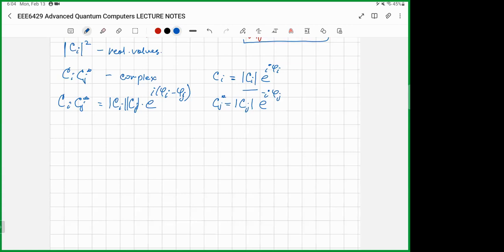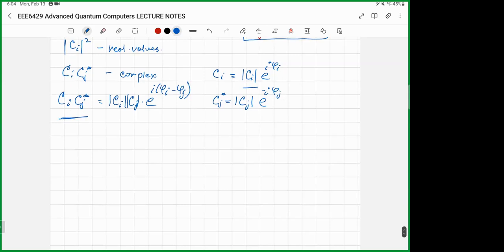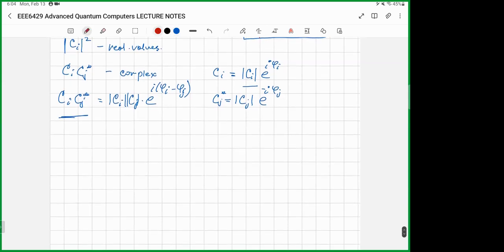Right. So these coefficients now, these elements, let's call them off-diagonal elements, right? They are off-diagonal elements. Well, they describe the quantum phase, the quantum coherence of different states because of this phase term.